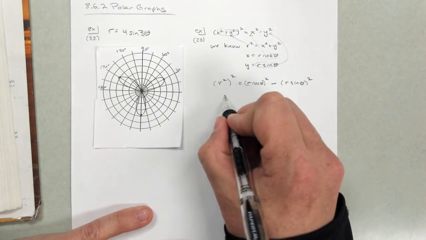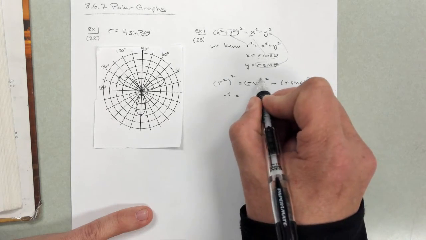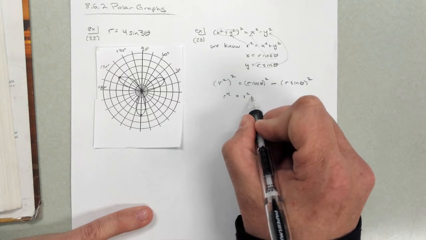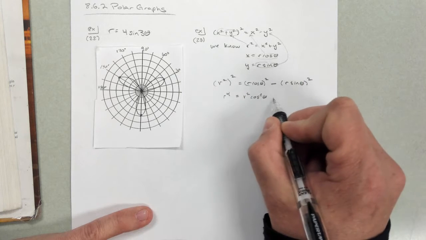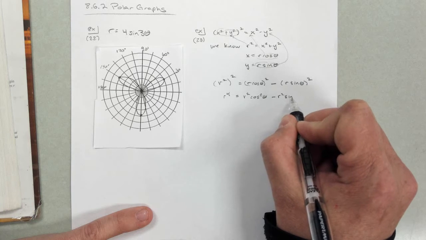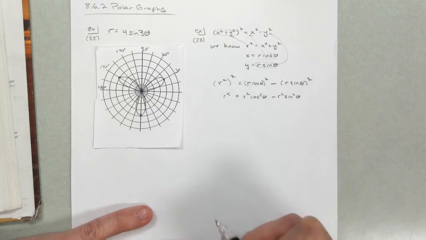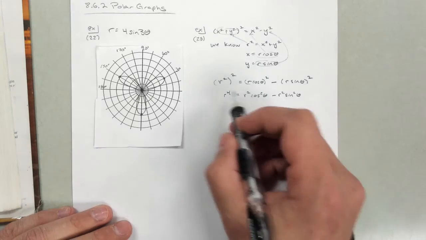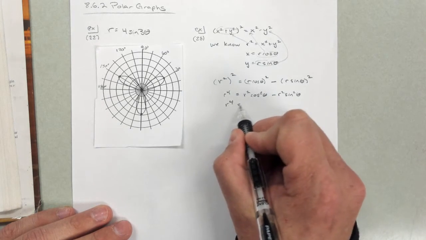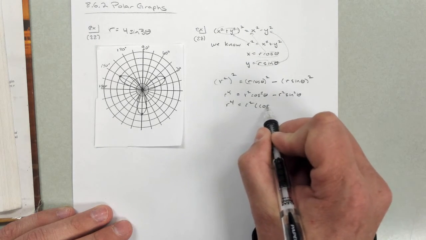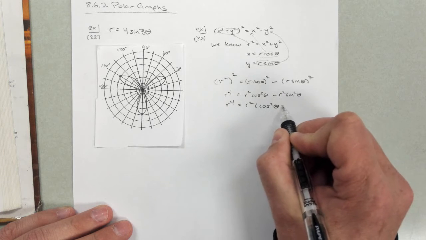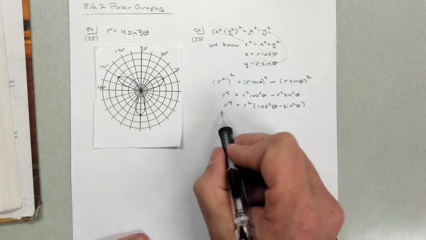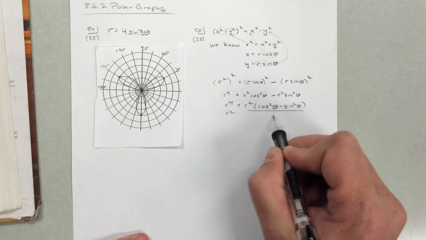Okay, this gives us r to the fourth equals, here you're okay because there's no plus sign in there to square each item, r squared cosine squared, and then minus r squared sine squared. Okay, now if we factor an r squared out, we get this nice thing, cosine squared of theta minus sine squared of theta. And we can go ahead and divide it by r squared.